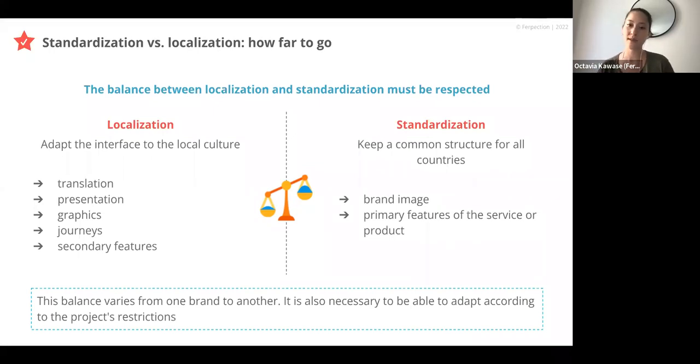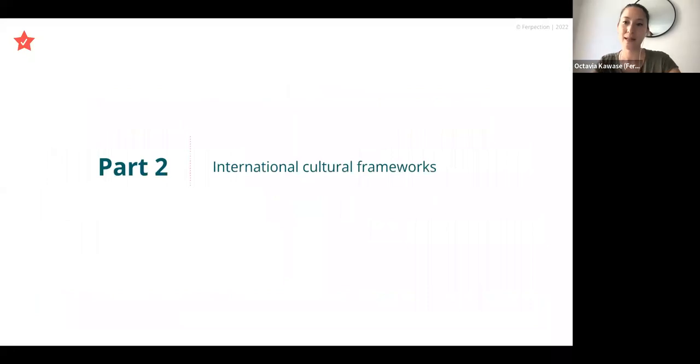It has to be the same, especially for a brand image. The brand image has to be the same all over the world. And the primary feature of the service or the product also has to be the same. So it's very important, depending on the brand, the project, the restrictions, also to find the right balance. And now Katie will explain how we do that at Ferpection.